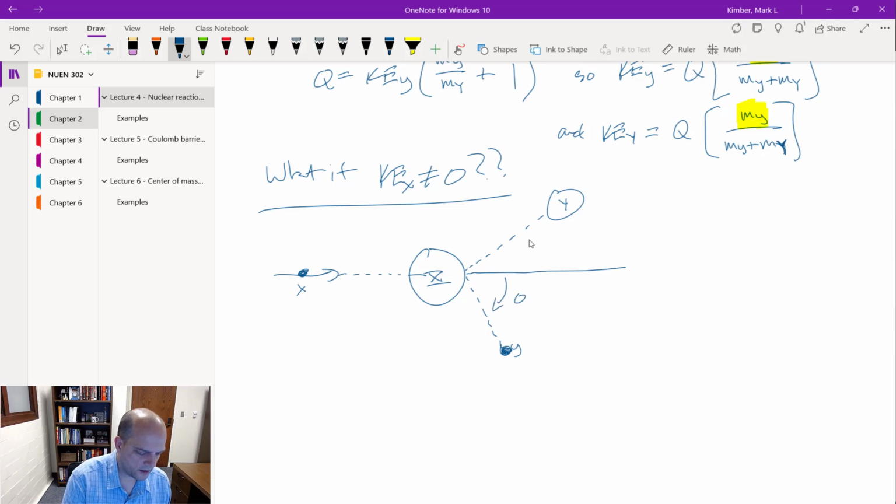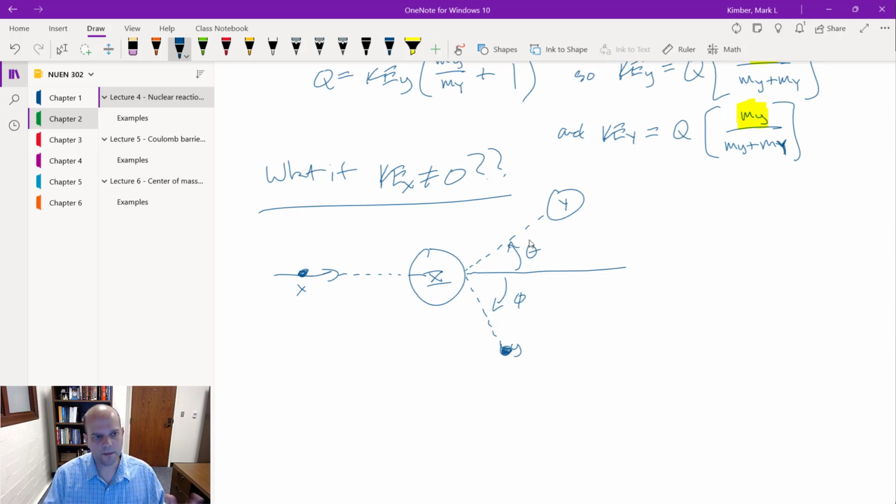And these angles here, I'm interested to know at least those angles. If I know those angles, then I can calculate the kinetic energy.